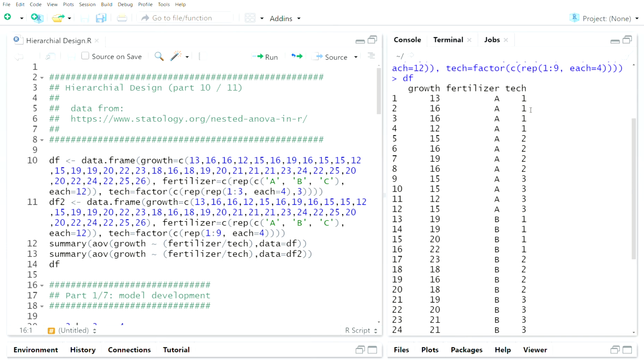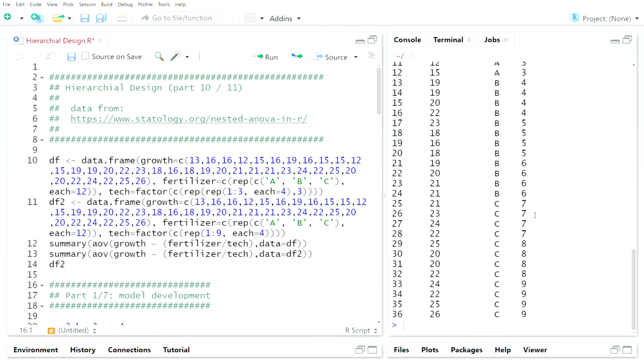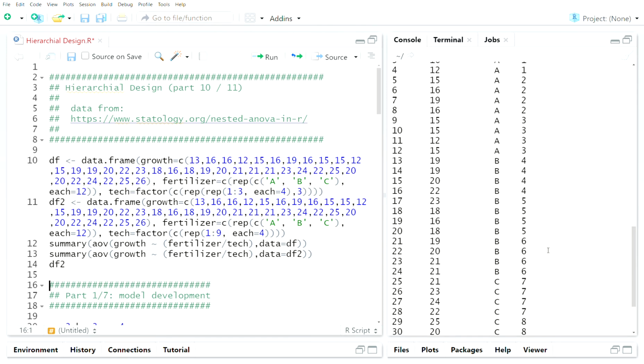So here we have technician 1, 2, 3 within A, and then within B we have 1, 2, 3. But they're actually different technicians, even though we use the same numbers 1, 2, 3. And for the second data set, we label them 1, 2, 3, 4 through 9, because they're different technicians.